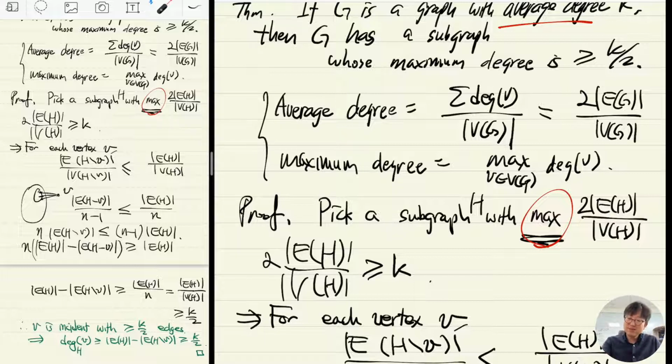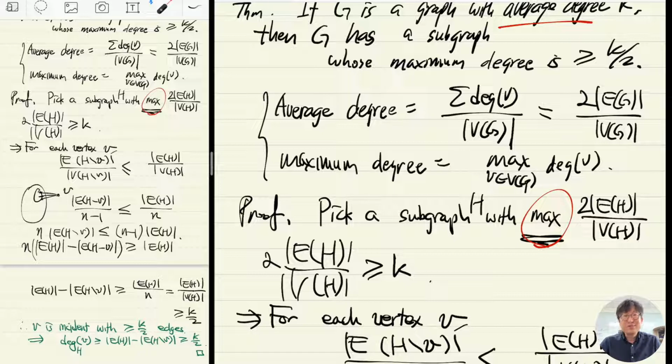But if I say maximum, you may say, well, if you convert this into an algorithm, how do you go over all possible subgraphs and choose the one with the maximum something? That takes too much time, because you might have exponentially many subgraphs.